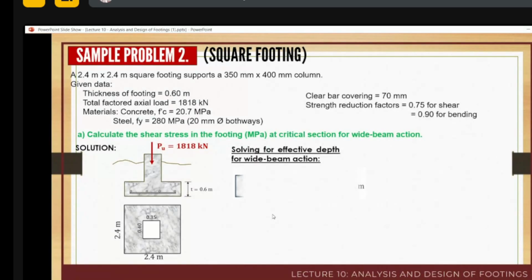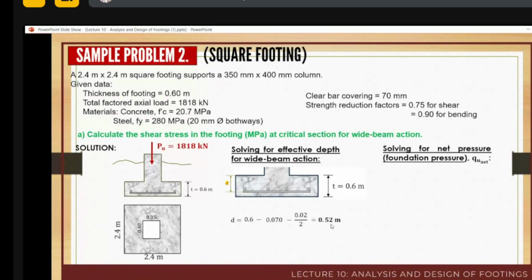So where is the effective depth computed? For one-way shear, again, total thickness minus steel covering of 70 mm, that is 0.07, minus half of the diameter of the main bar, which is 20 mm as specified in the problem. Therefore, our effective depth is 0.52.